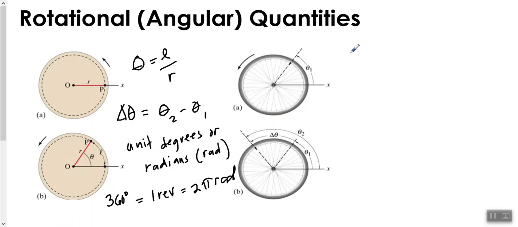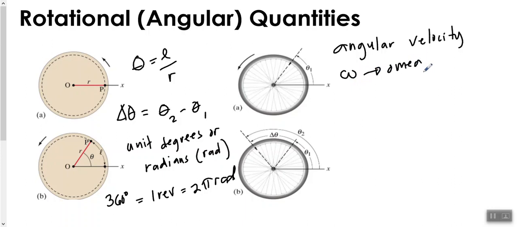We now refer to it as angular velocity. Angular velocity is represented by the lowercase Greek letter omega. It's like a cursive u, lowercase. The uppercase omega is a unit for a particular physical quantity in electricity.